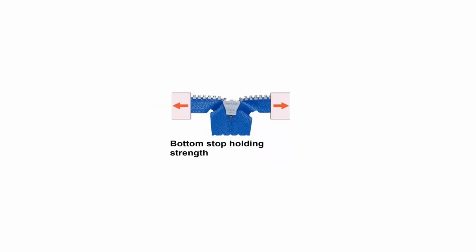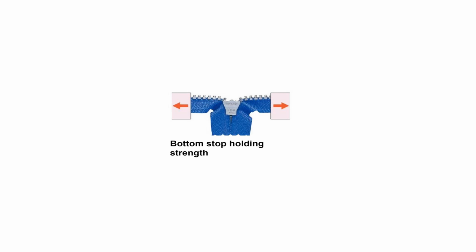Next comes the bottom stop holding strength. You see the zipper has a top stop and a bottom stop, both are there. We have seen the top stop, and a similar situation happens for the bottom stop. But here you can see the force is different. How to apply the force here is very, very important.